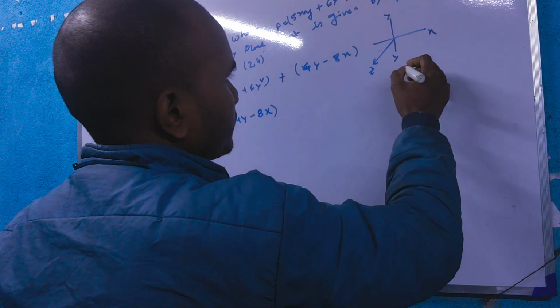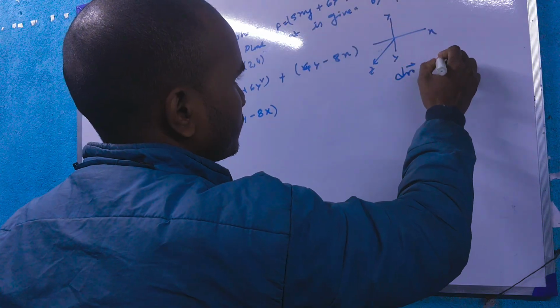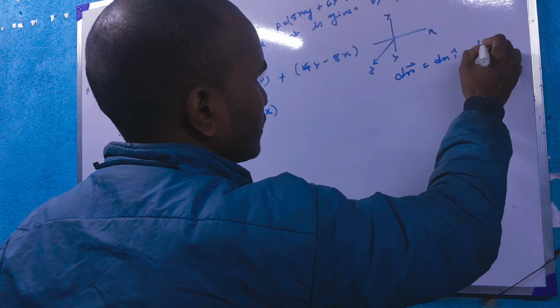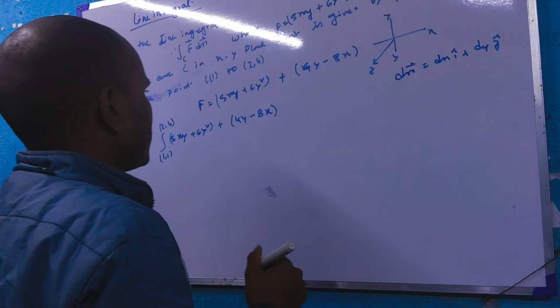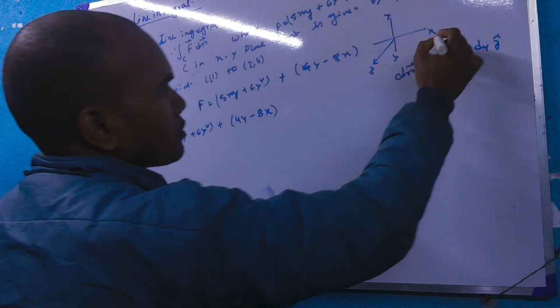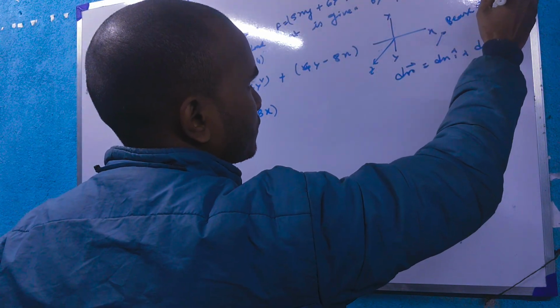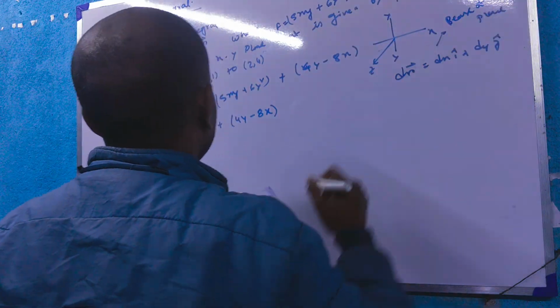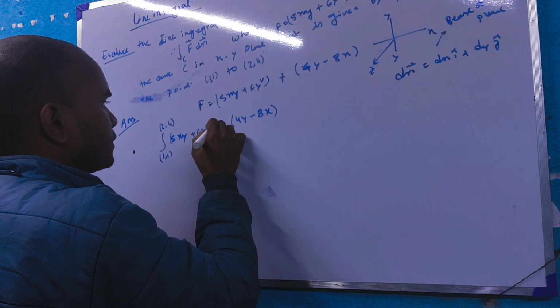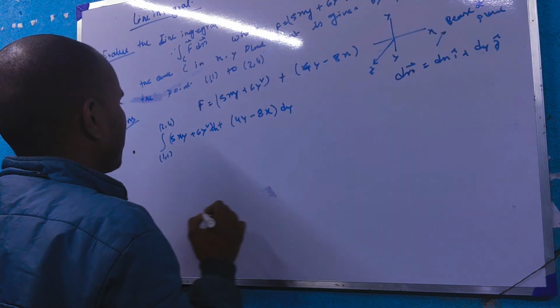And for that, dr is equal to dx i cap plus dy j cap. Because of the xy plane, it will be dx and it will be dy.